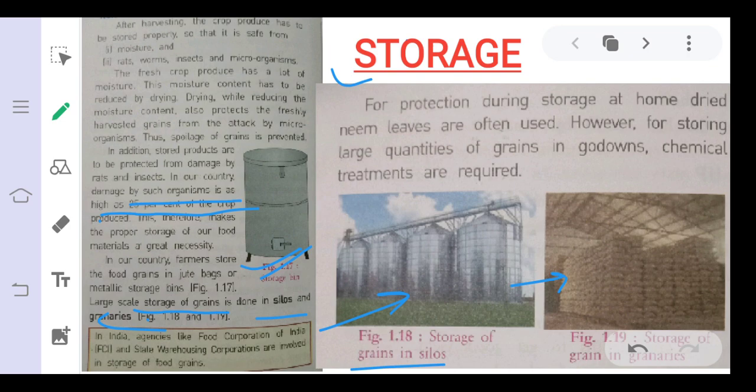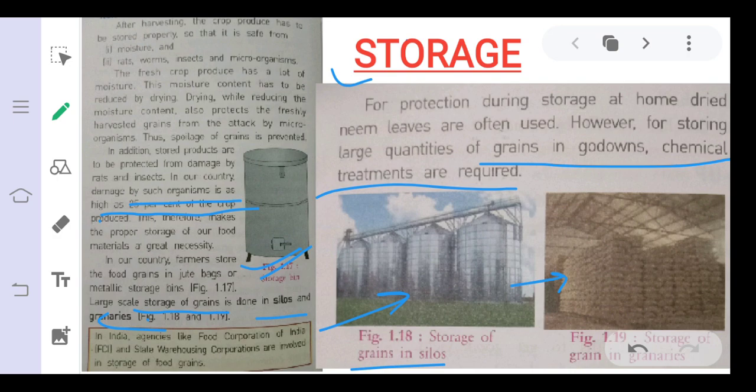It is a godown-like structure in which the food is stored. Before storing the grains in the silos or granaries, the food grains should be chemically treated. Chemical treatment is required before storing.